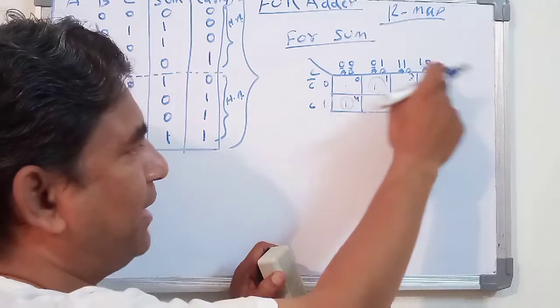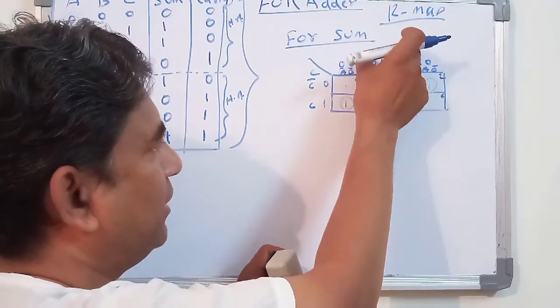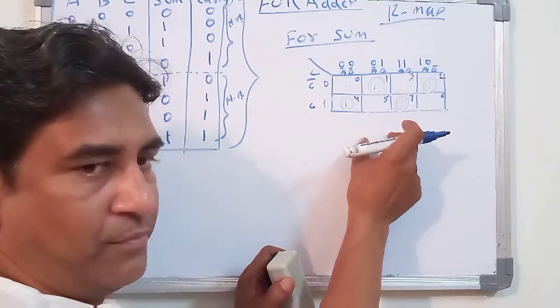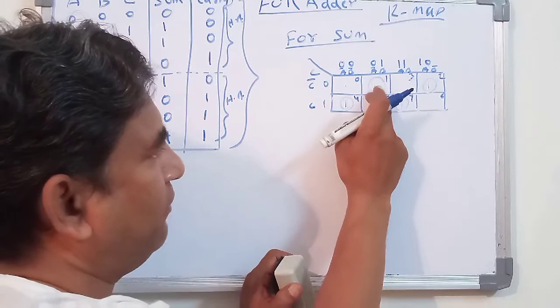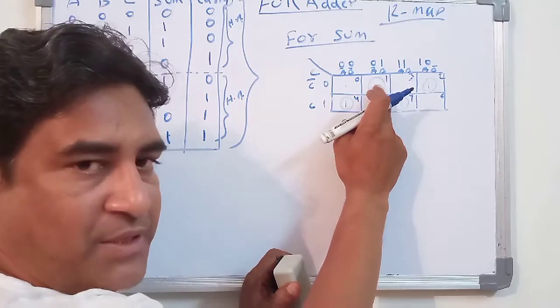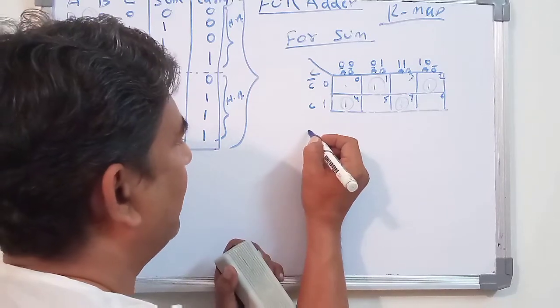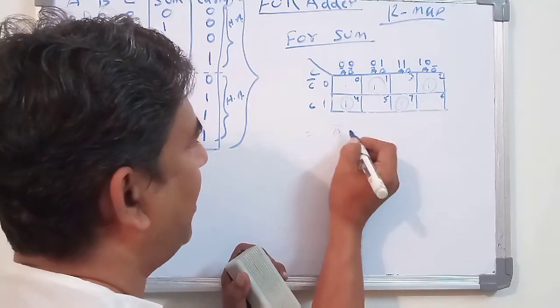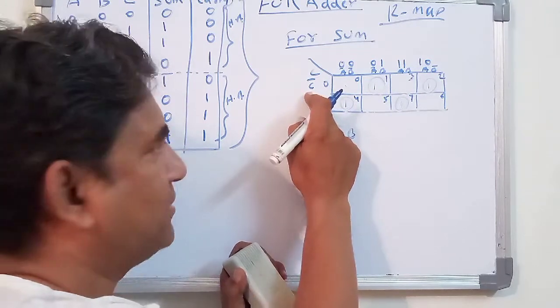Okay, by marking this particular circle, the first number value with a column and the row, observe in which column is one is present, in A bar B. For sum it is A bar B, and in which row it is present, 1, it is C bar.